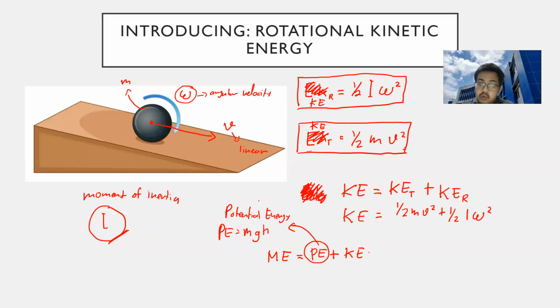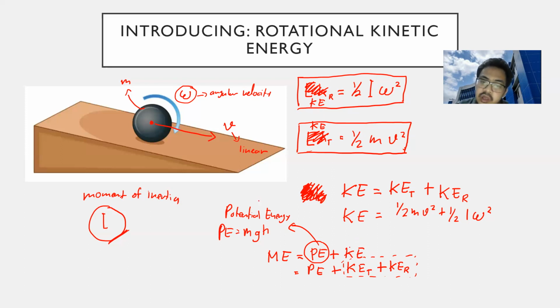So it will be equal to, let me write it here, it's okay. PE plus kinetic energy translational plus kinetic energy rotational. Because basically these two terms are the same as total kinetic energy.